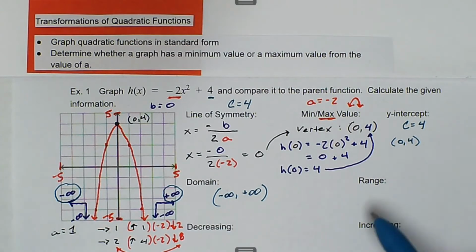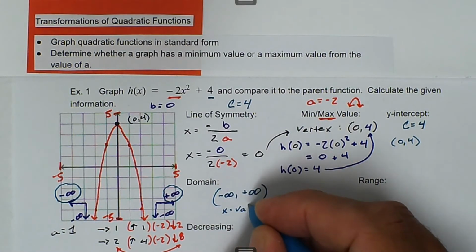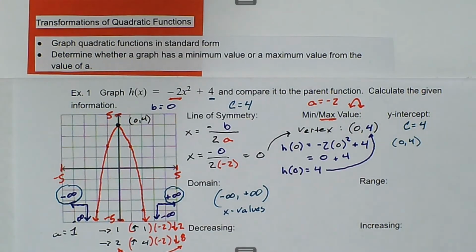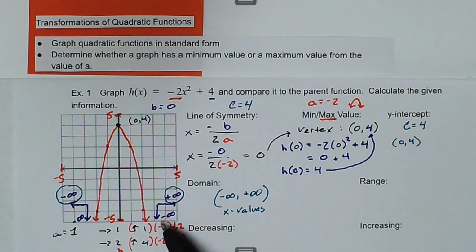The range is our y values. So maybe we put that down. These are the x values. The range are all the y values represented by the graph. And so here, we always start from low, right? We start from low, go to high. Same thing, we're going to start from low and go to high. So what's the lowest?